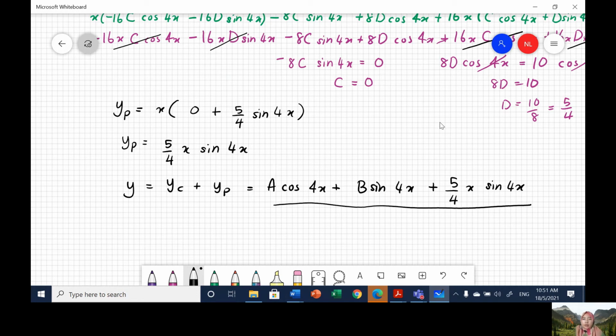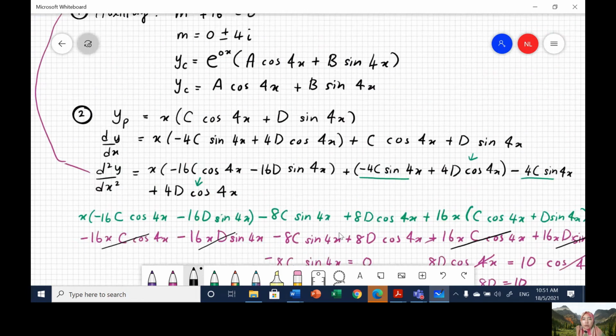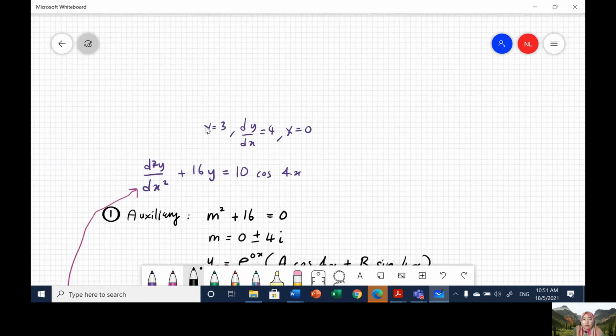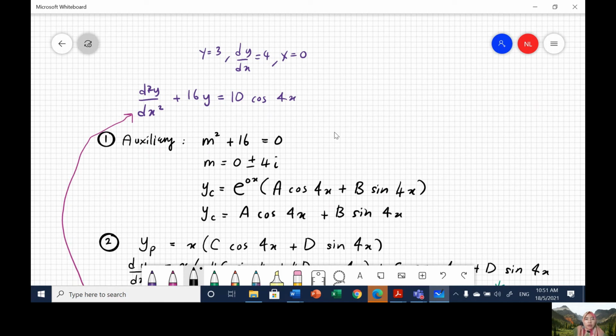Note that in the question just now, there's a boundary condition given: y is 3 and dy/dx is 4, at x equals 0. So here you are supposed to proceed by finding the particular solution.